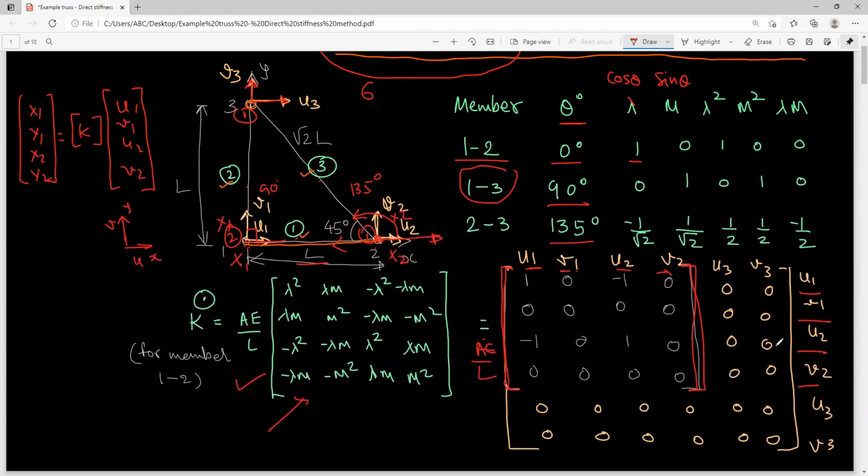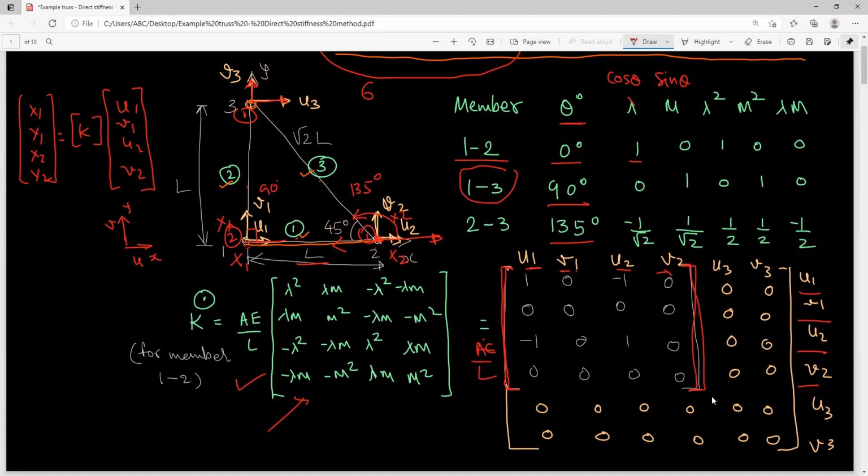We simply introduce the variables related to the node that is not relevant to that particular matrix, and we introduce zeros for those members so that it does not affect the originality of the matrix. Moreover, how do we ensure how far we want to expand our matrix?